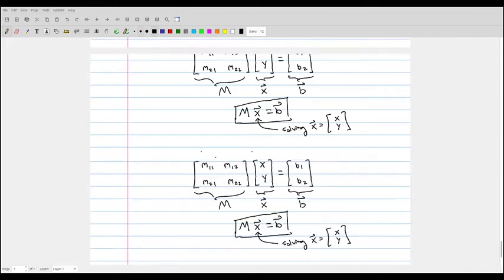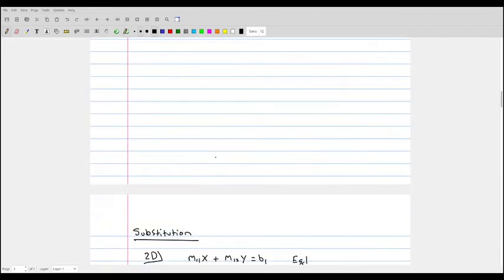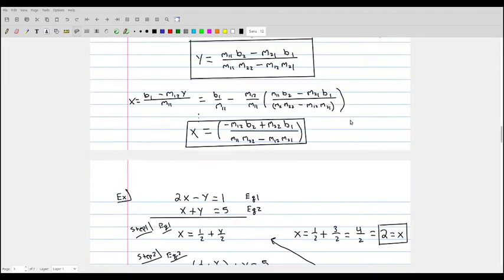If we take our equation for a general system of 3 equations and 3 unknowns, the matrix multiplication algorithm is still the same.